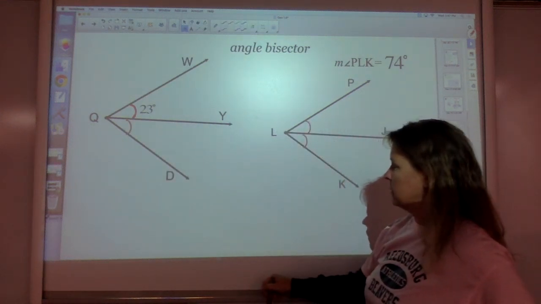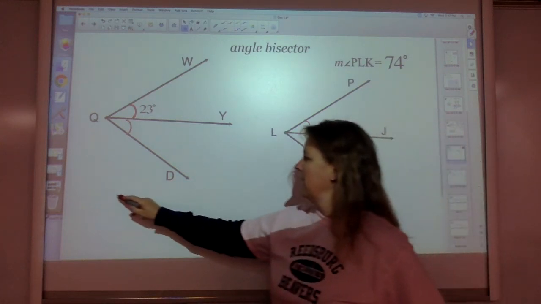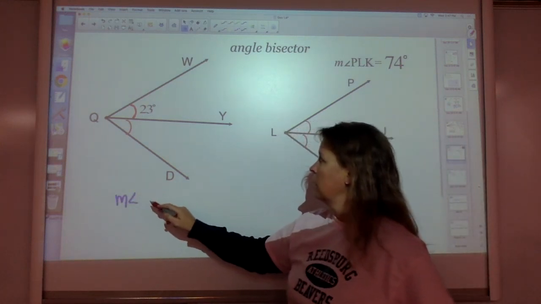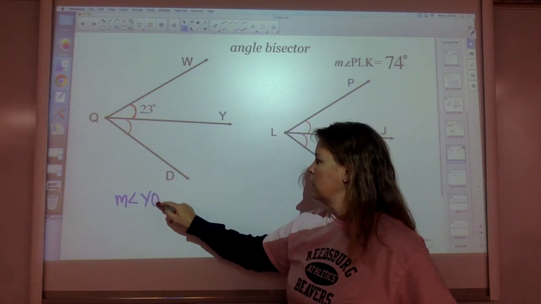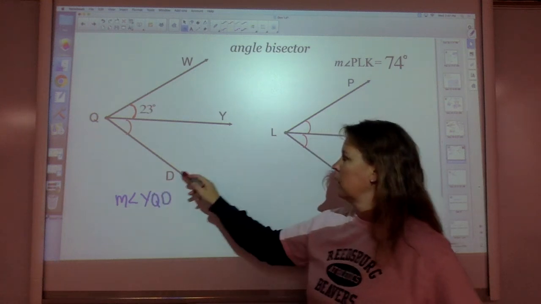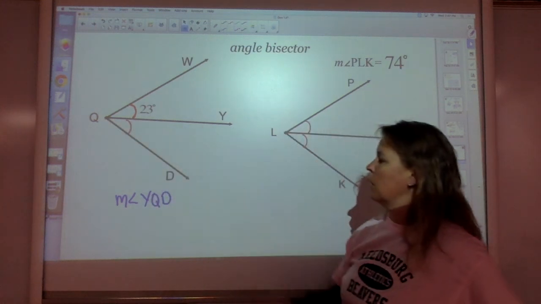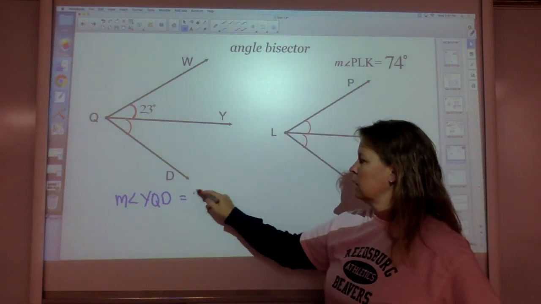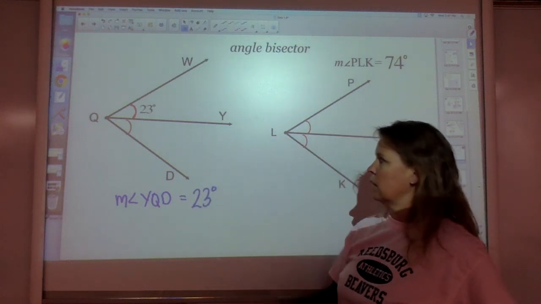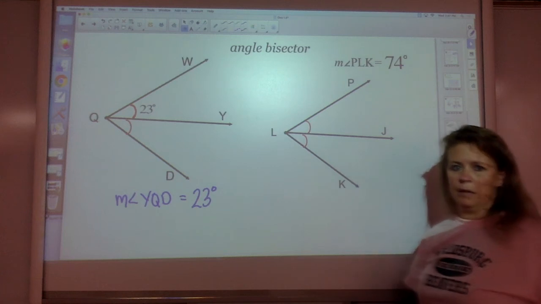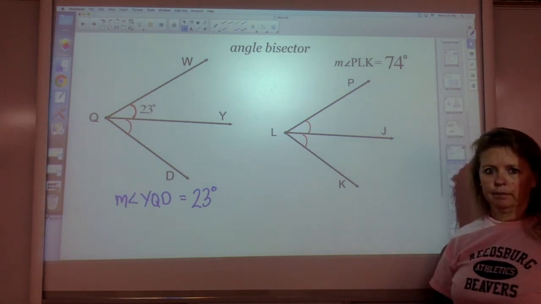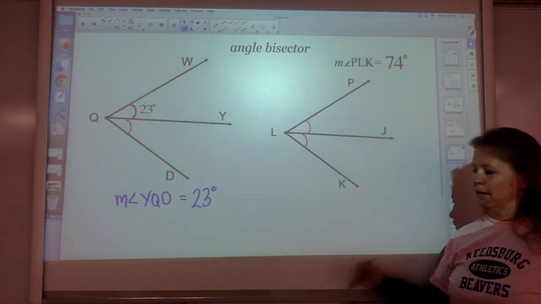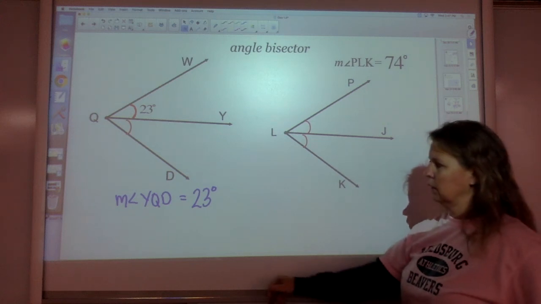which means the measure of angle, write it down, YQD, or you can call it measure of angle DQY, equals 23 degrees also. They have to be congruent because it's an angle bisector. But don't forget, there is a third angle on there.